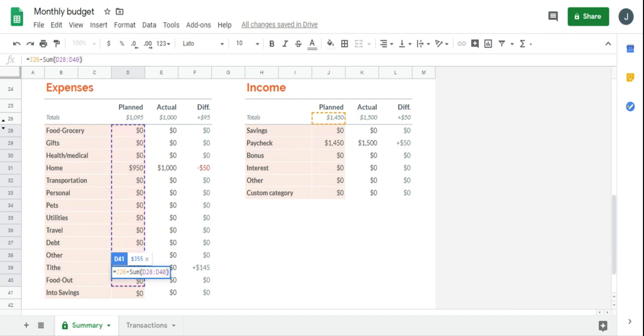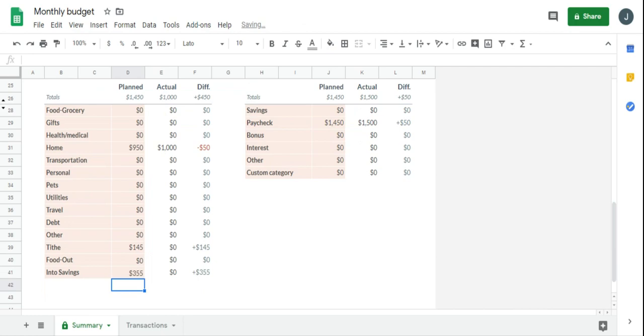So in this case, it was from D28 to D40. You can always add more categories if you need to, but that's why there's also an other category. So here, you could do this, hit enter, and it already has that included.